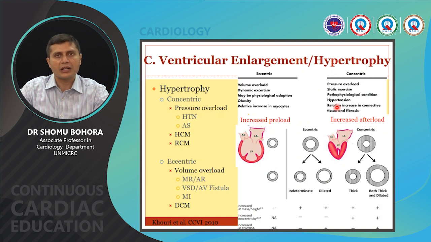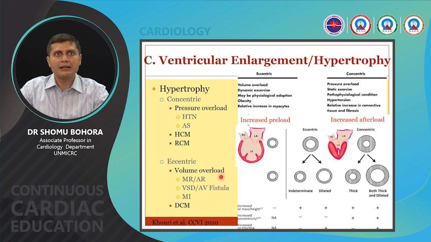Going on to ventricular hypertrophy, let us understand hypertrophy. The two major types: concentric occurs because of pressure overload, which is because of hypertension or aortic stenosis. The others are hypertrophic cardiomyopathy or restrictive cardiomyopathy. Concentric hypertrophy is generally related to hypertension or a relative increase in connective tissue and fibrosis.